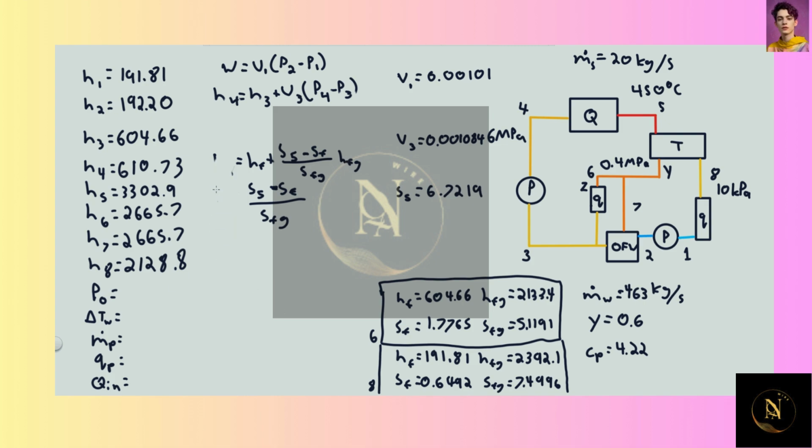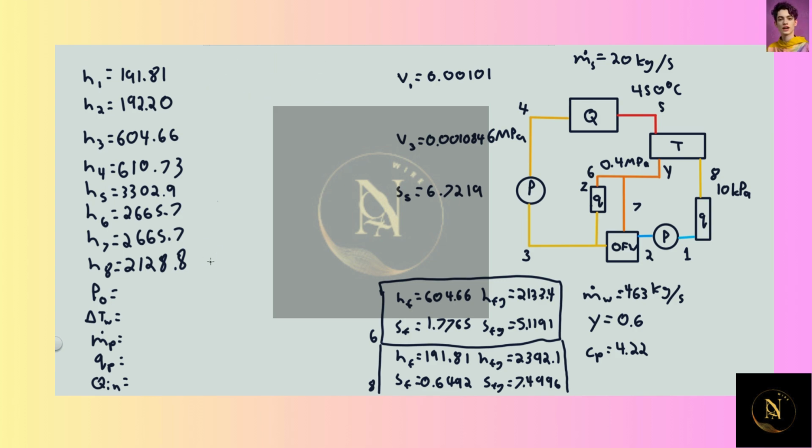Okay, and with that, we're ready to start solving for the values that were asked for in this problem. Starting with the power output, in order to do this, oh no, we have everything we need for this. So, because we have our Y here, the power output is just going to be the work times the mass flow rate. We have the mass flow rate, so now we just need the work, and we have a formula for that.